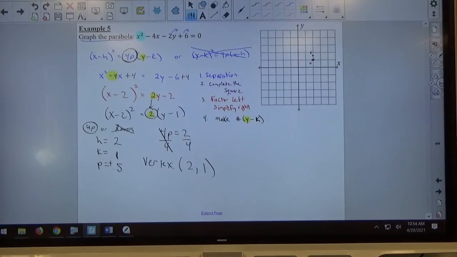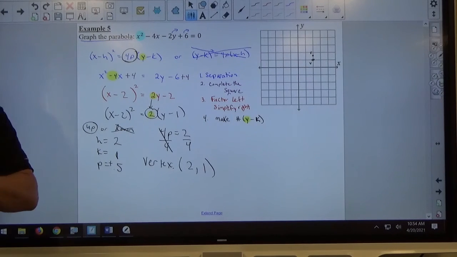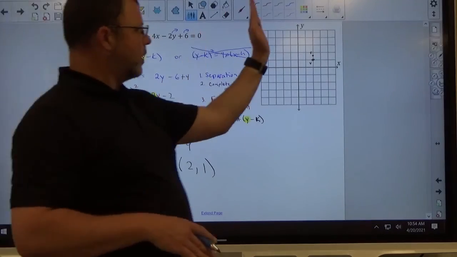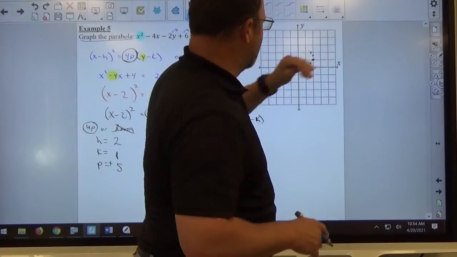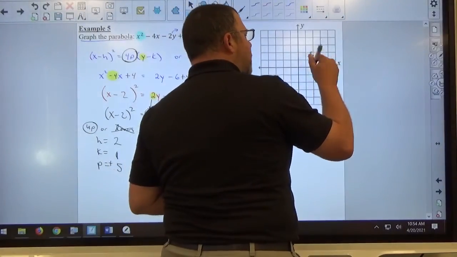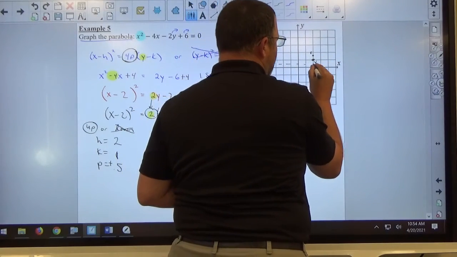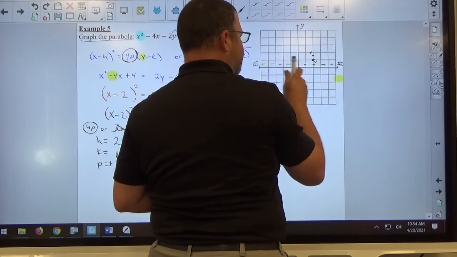If my focus is 1/2 above, where's my directrix? 1/2 below, and my directrix will be what kind of line? Horizontal, vertical, which one? Oh, vertical. Okay, vertical's like this. Oh, horizontal. Horizontal, right? So I want my directrix to be horizontal at 1/2 below the vertex. There's my directrix.